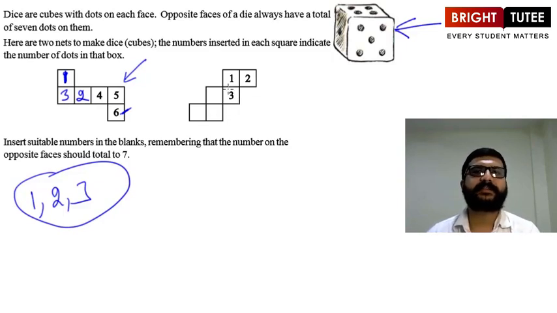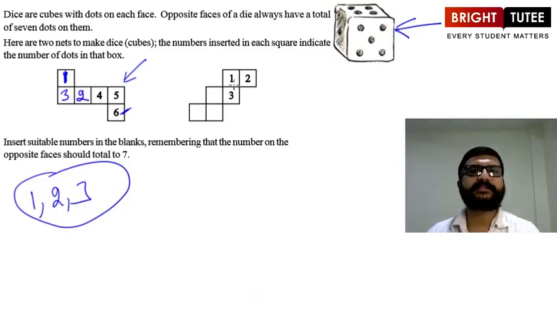Now let's see the next net. Again here also we can draw this exact figure on a piece of paper, cut it out, and fold it to form a cube. Keeping in mind that the opposite faces should sum up to 7, we can put the numbers in these blank boxes.